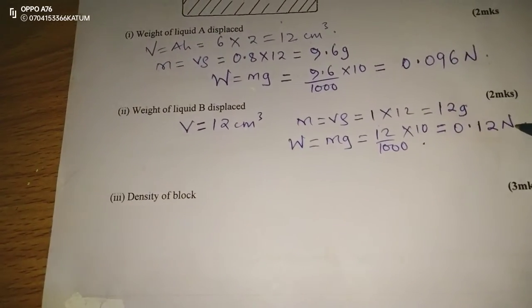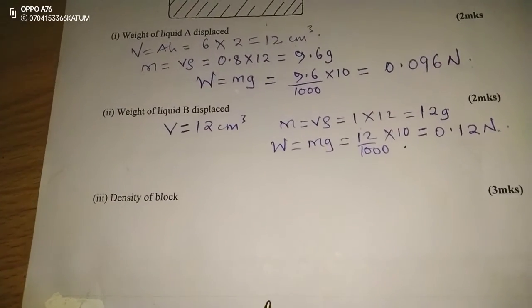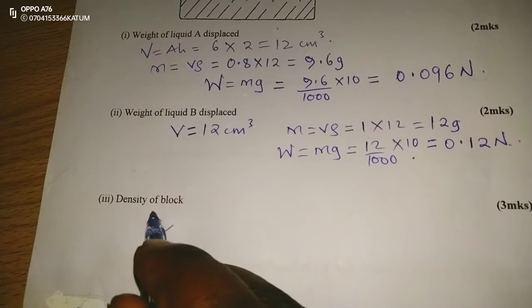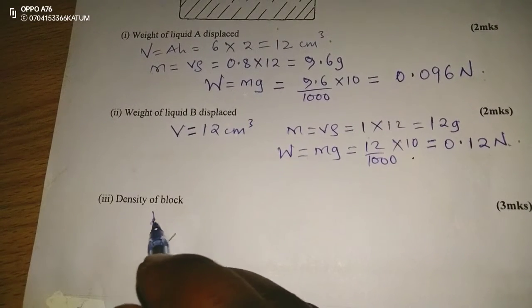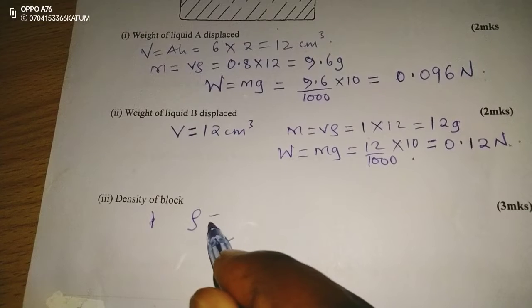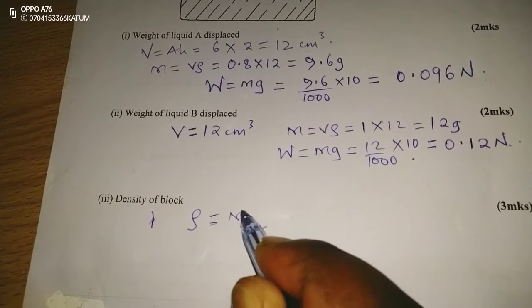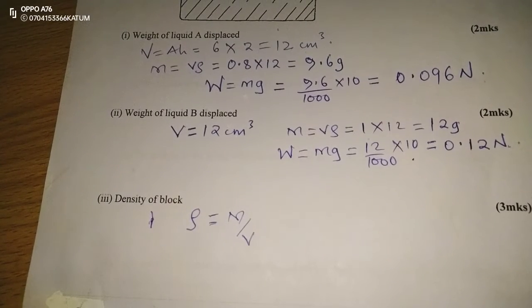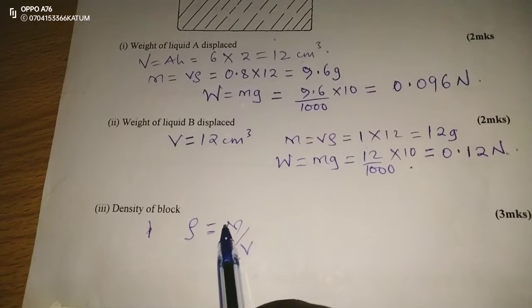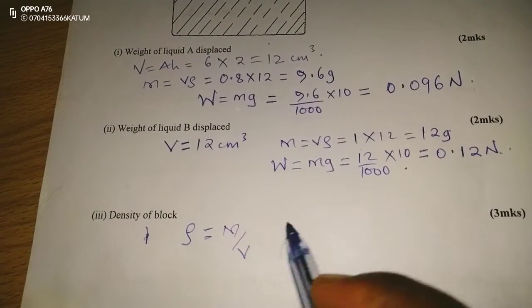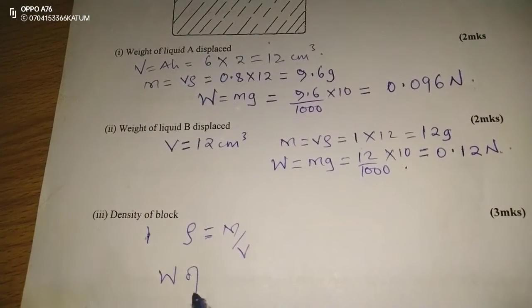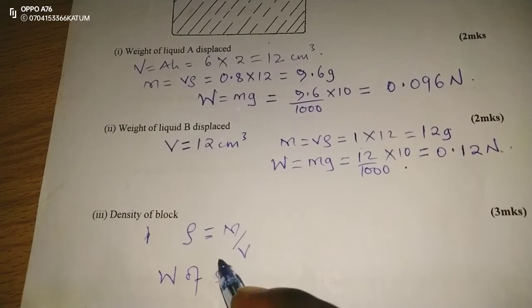So now, with the two weights displaced, the weight for A displaced and the weight for B displaced, we can now determine the density of the block. Density, let me abbreviate it by rho, is given by mass over volume. We need to first of all get the mass by determining the weight of the block.